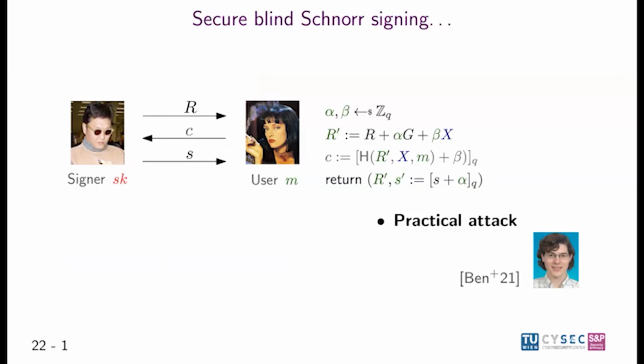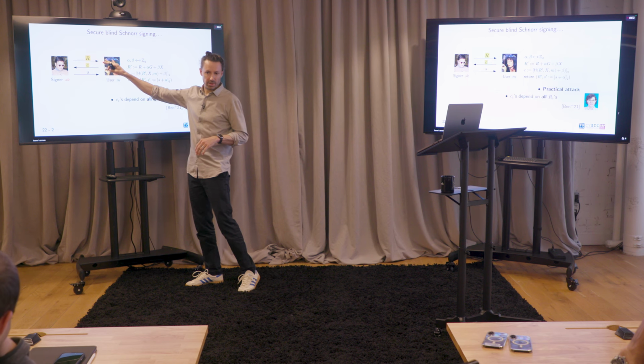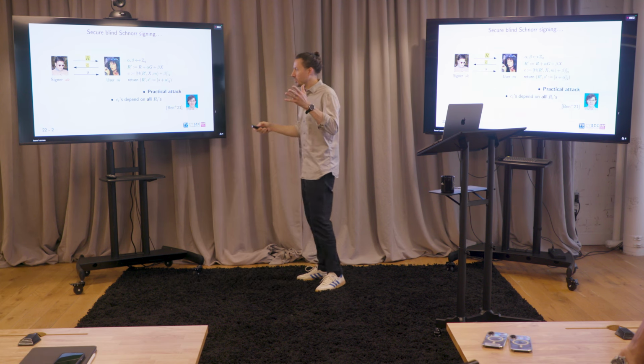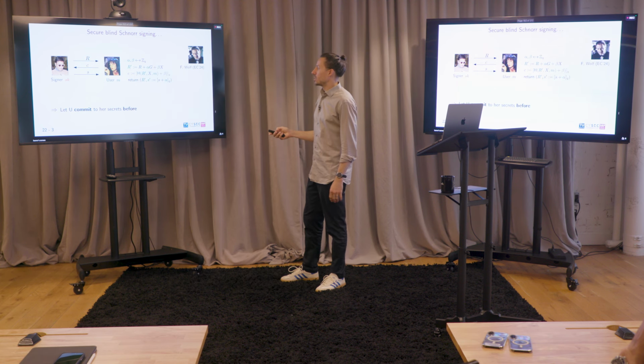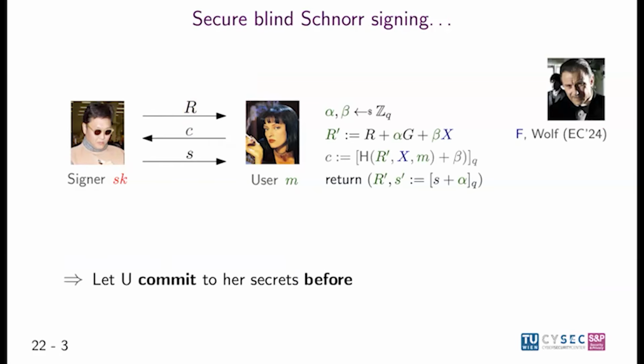Okay, so the attack obviously uses the fact that there are these concurrent sessions, and so what it does is obtain a lot of R values, and then it engineers the C values in a malicious way, depending on all the R values, right? So an obvious way of preventing this attack could be to break this dependency. This was together with my student Matthias Wolf, who doesn't want pictures online, so I put someone else instead.